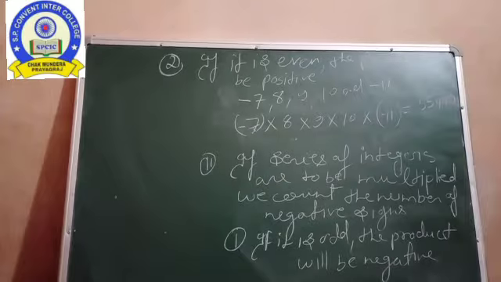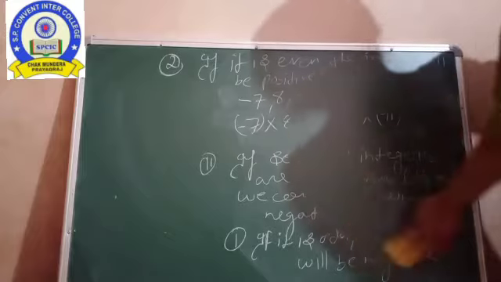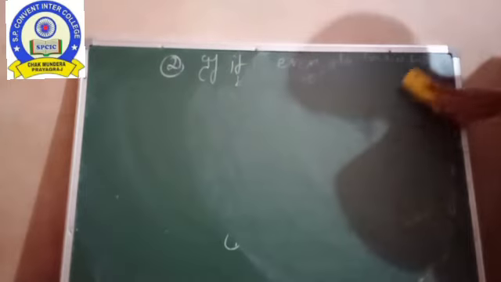Now we are going to discuss properties of multiplication of integers. So first property is closure property.